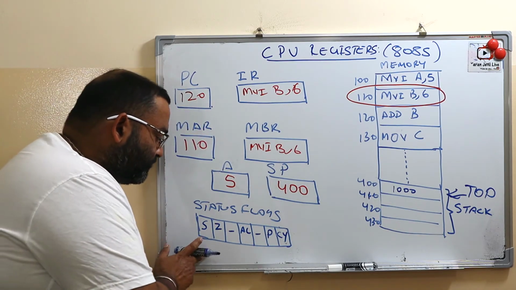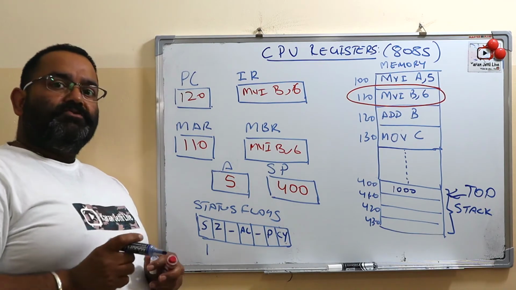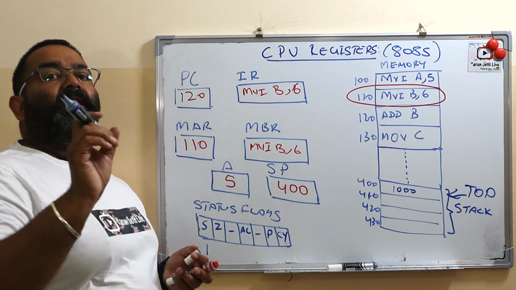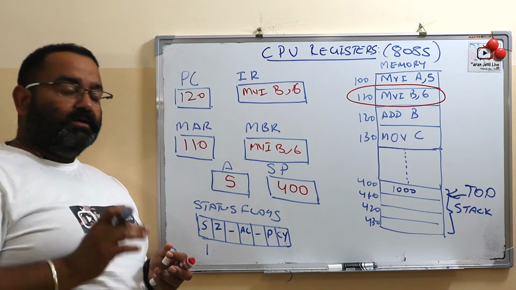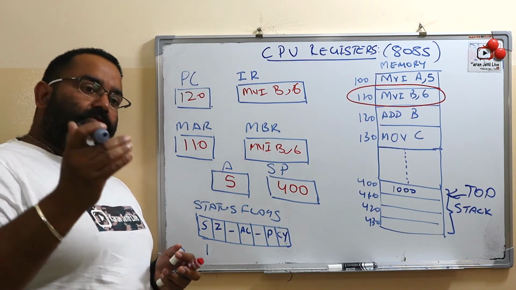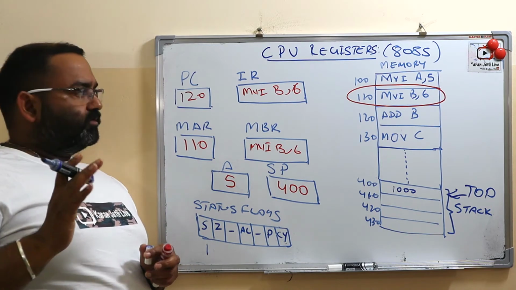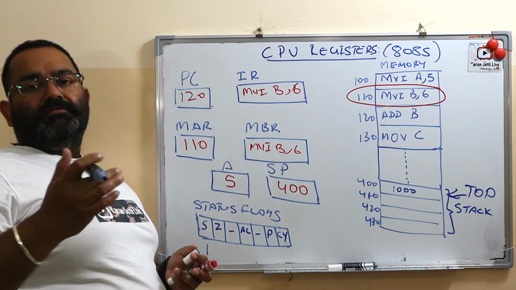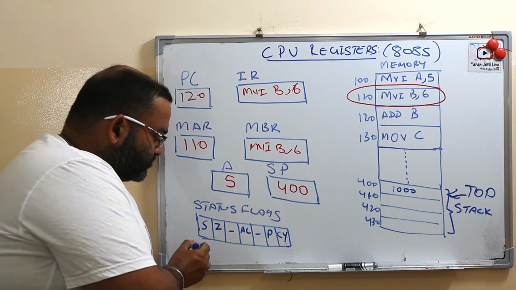If the sign bit is 1, it means the result of the operation was a minus number. For example, we add 5 plus 6, which gives us plus 11, so S will be 0.